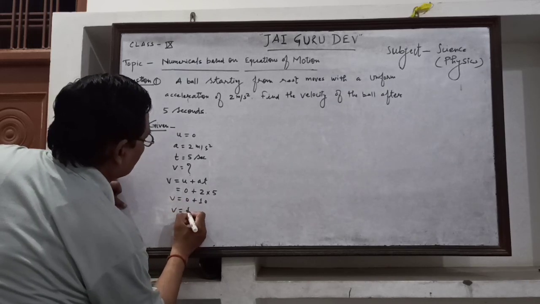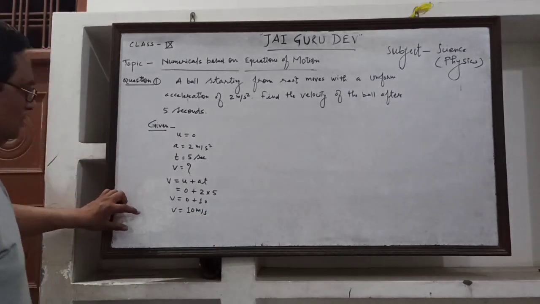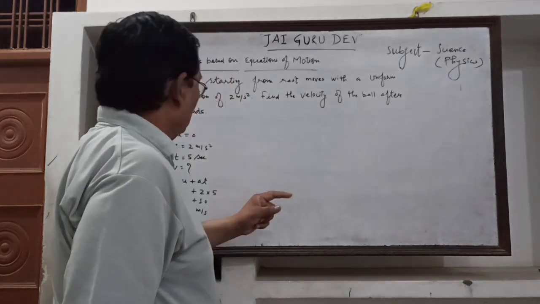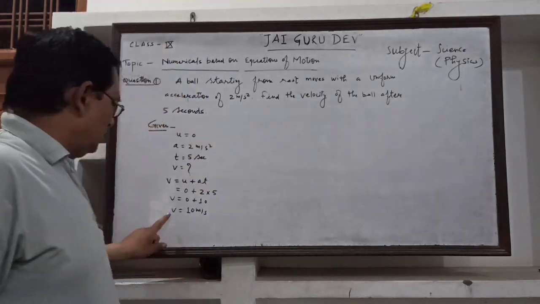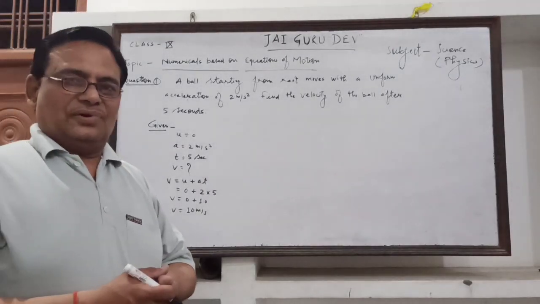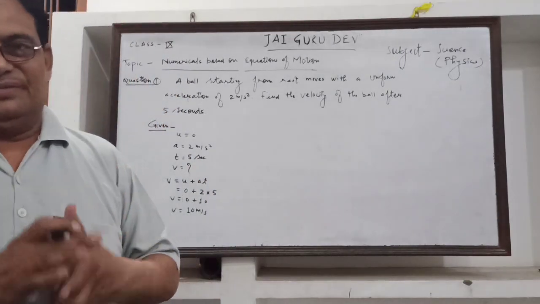So v is equal to 10 meter per second. Question 1: find the velocity of the ball. So velocity of the ball, meaning final velocity of the ball, is 10 meter per second. So it is very simple. Okay. Now we are going to take second question.